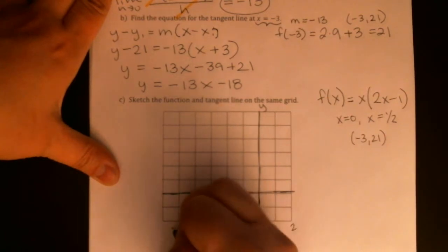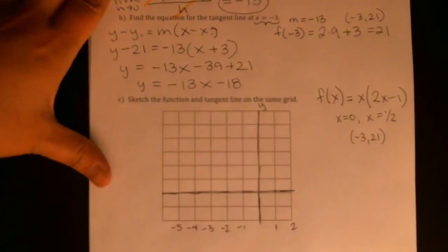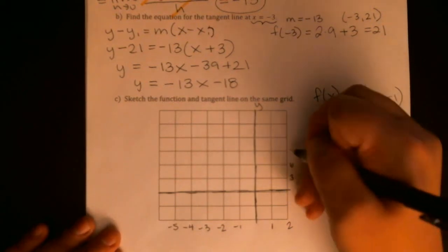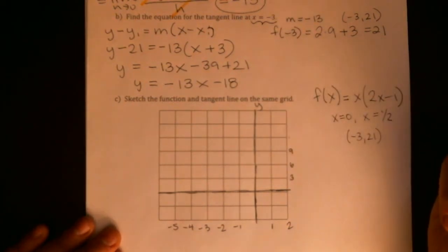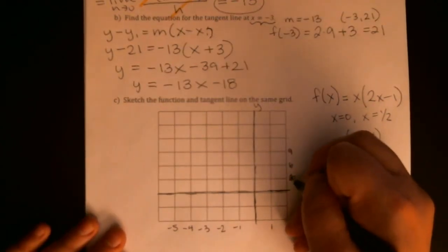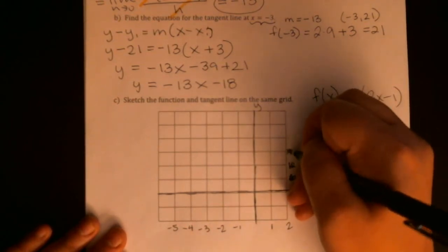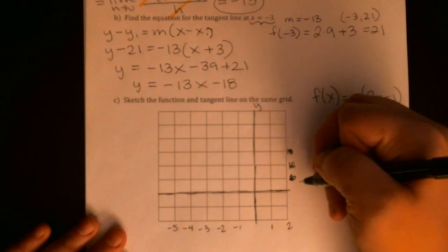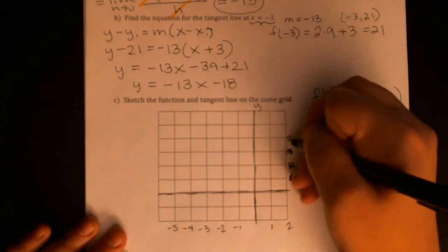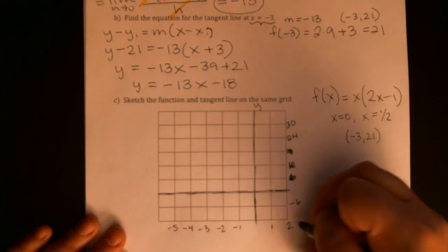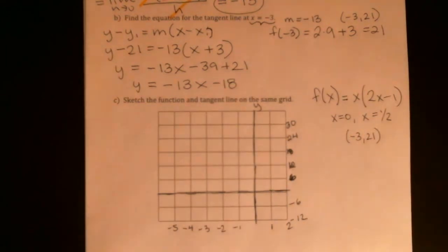Negative 4, negative 5. Okay, and then on the y-axis, I'm going to go and make these 3, 6, 9. Oh, is that going to get me high enough? I need to get to 21. That's not going to get me high enough. Okay, so let's make them 6, 12, 18, 24. Sometimes I can count by 6s. And then we'll have a negative 6 and a negative 12.